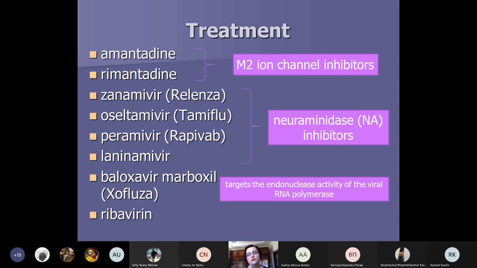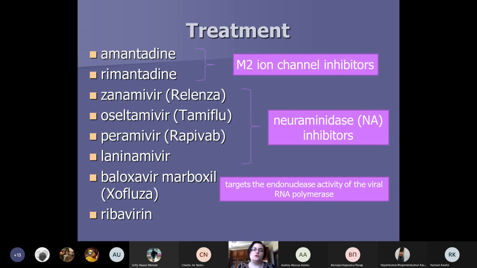Oseltamivir and zanamivir are effective for prophylaxis and post-exposure prophylaxis. And research overall indicates that neuraminidase inhibitors are effective at reducing rates of complications, hospitalization, and mortality and the duration of illness.